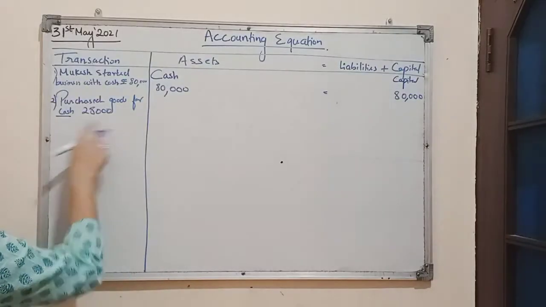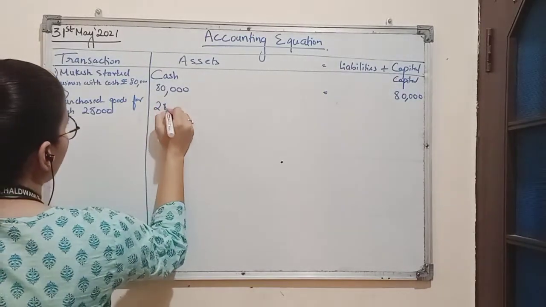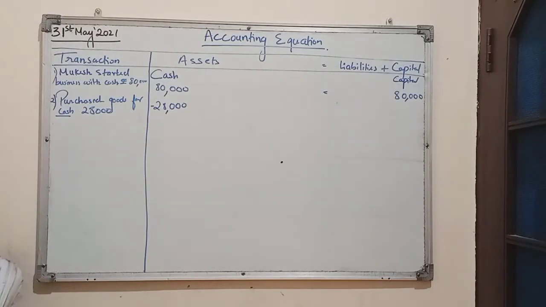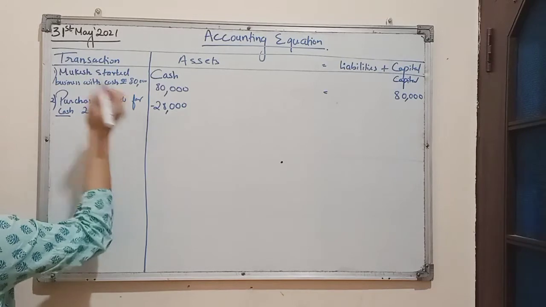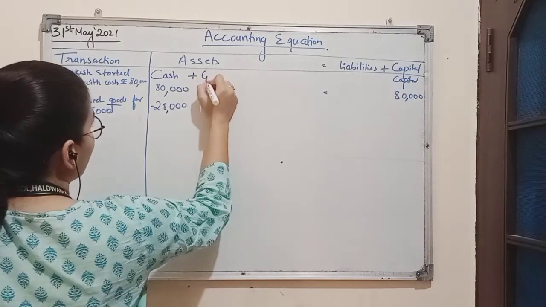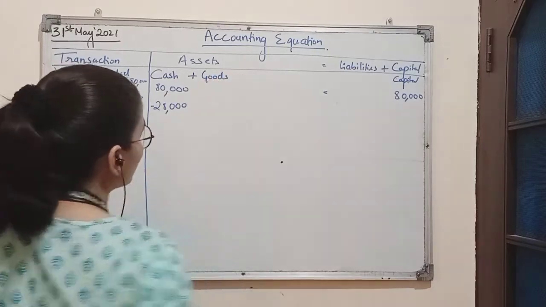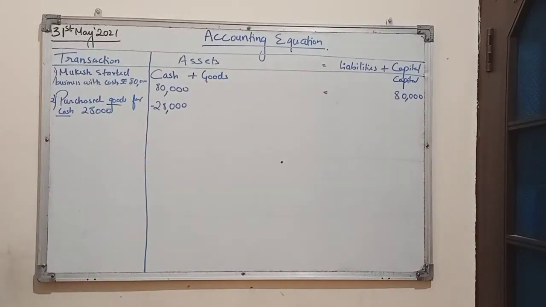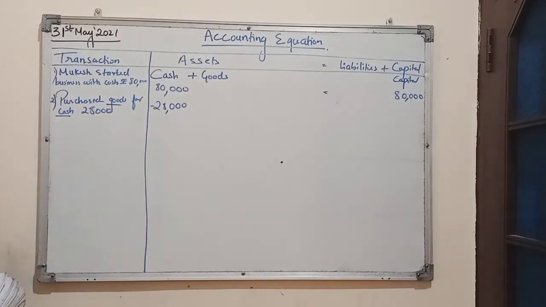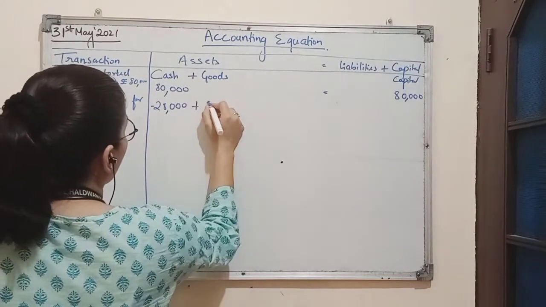Cash is reducing by the amount 28,000. So we will deduct this amount from the cash column, and at the same time goods have been introduced in the business. That means it will increase the balance of goods, which is also considered an asset. So a new column of goods will be opened on the asset side and here the amount will be 28,000.